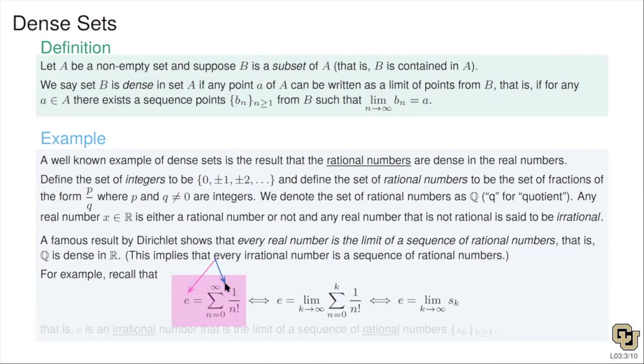It's actually a special type of sequence. A series is a sequence of partial sums. So here on the right-hand side, we have a limit of a bunch of rational numbers. These partial sums right here are all rational numbers. It's a finite sum of rational numbers. They're all fractions of the form 1 over an integer.